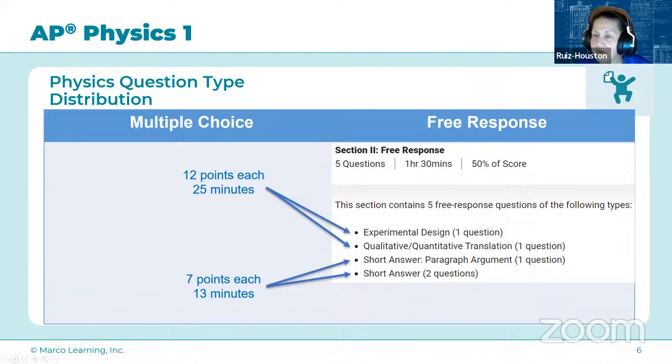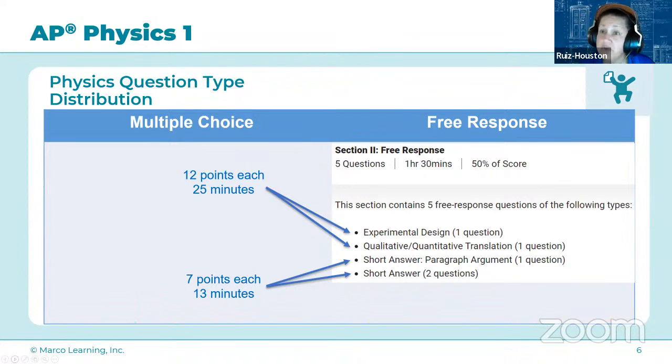Now, on those paragraph length responses, here's how I teach my students. Usually for the first point or two, they're asking you to look at the scenario and give your claim. So it's increasing, it's decreasing, it's working, it's not working, whatever the claim is, okay? Then you're going to spend the other 5 to 6 points explaining why that's true.